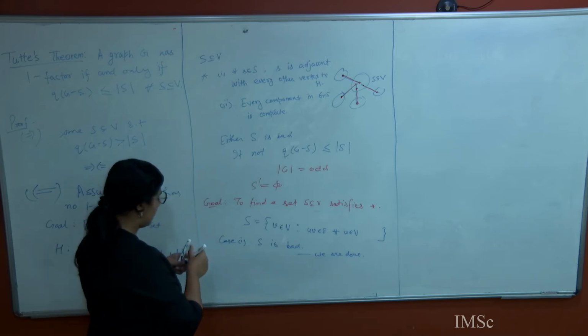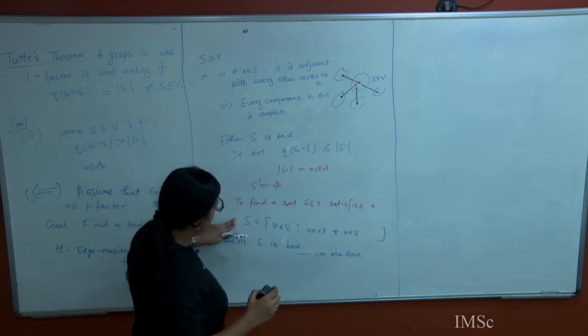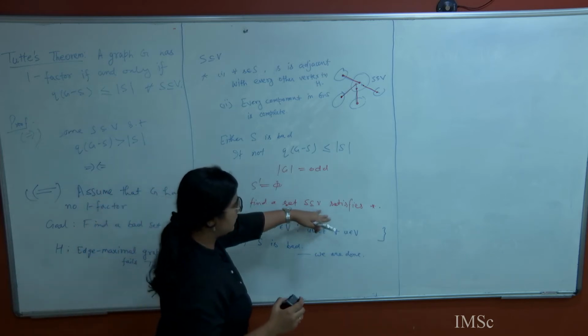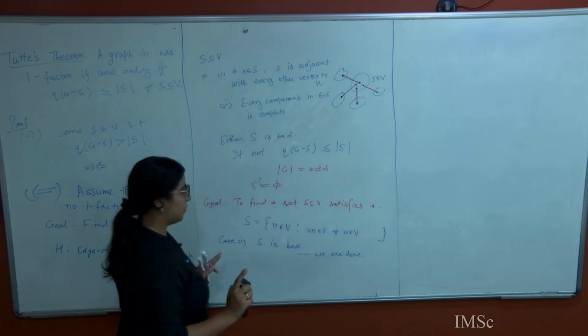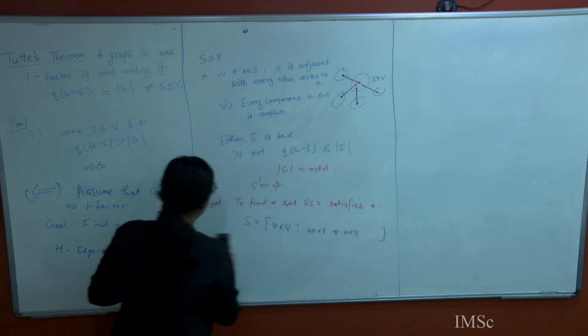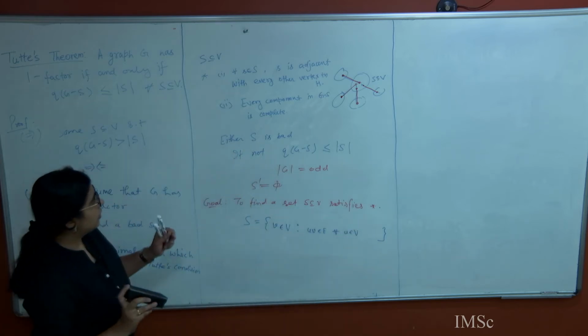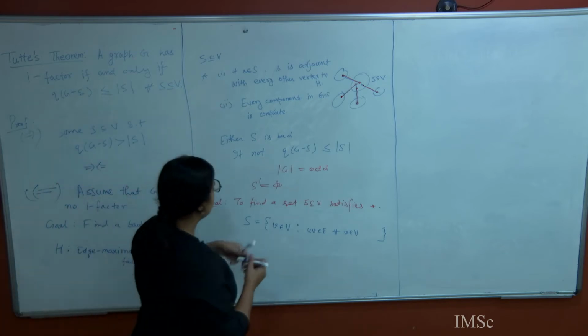Actually, for this set, we wanted to find a set which satisfies star. Now I have defined some set, and I want to see whether it satisfies star or not. So first condition, it satisfies, right? We started with such a set. So first it holds.